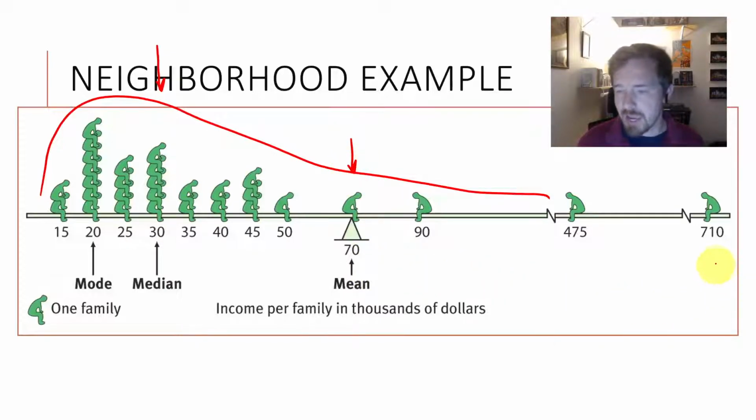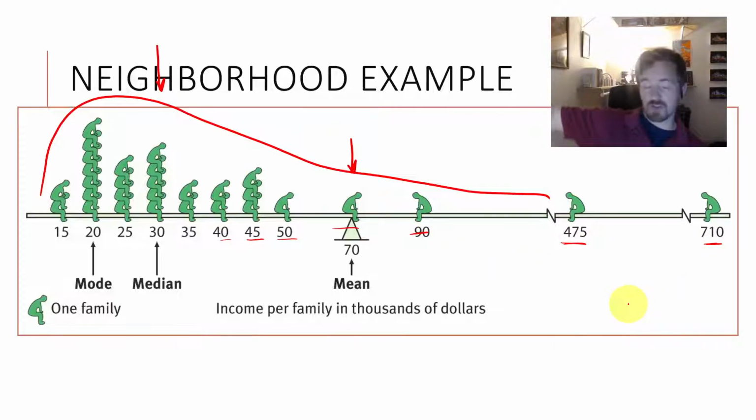Why? Because we have this guy over here making $710,000, and this lady over here making $475,000, making way more than everyone else. They are so far down the scale that when we add up all these values, these two values greatly increase that sum compared to what we would have normally gotten here.